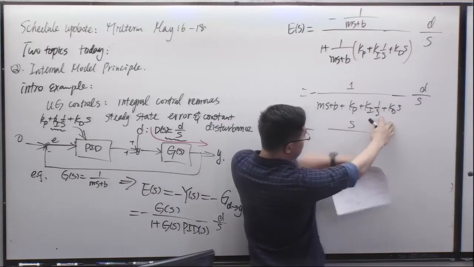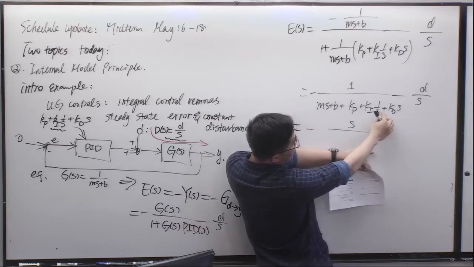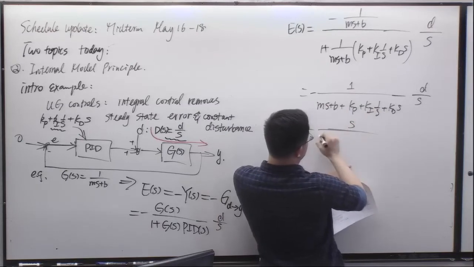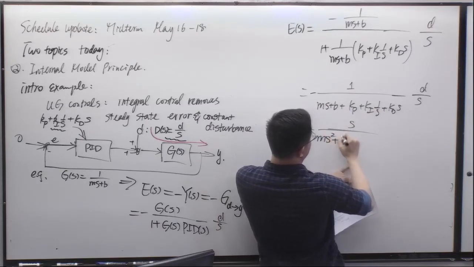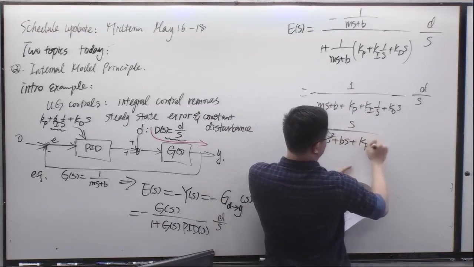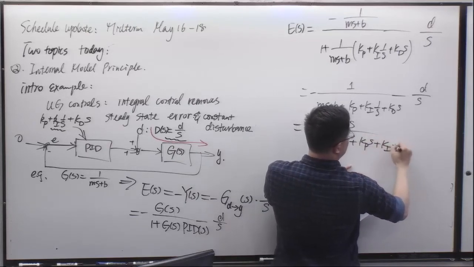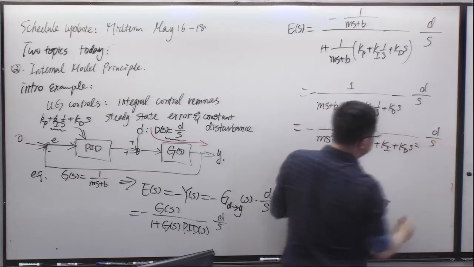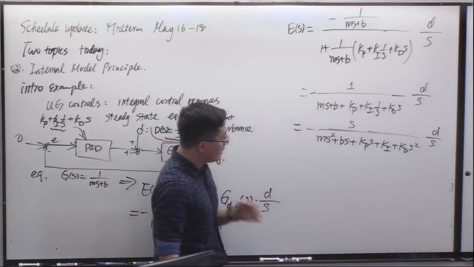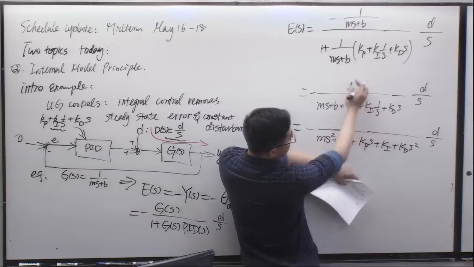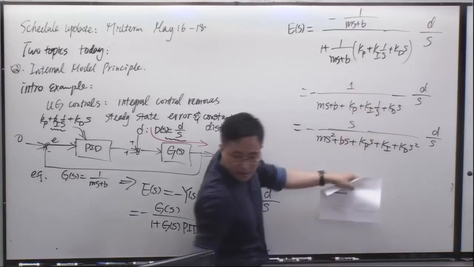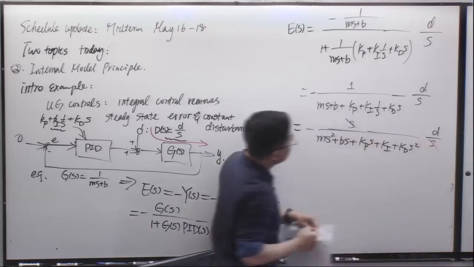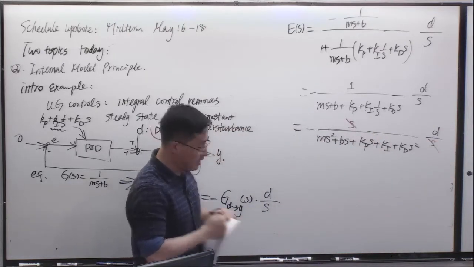So this is the key step. S in this little integration is going to flip up to here. And then the denominator is Ms squared plus Bs plus Kp s plus Ki plus Kd s squared. All right. So you see this term flips up and then creates this cancellation with the disturbance dynamics.